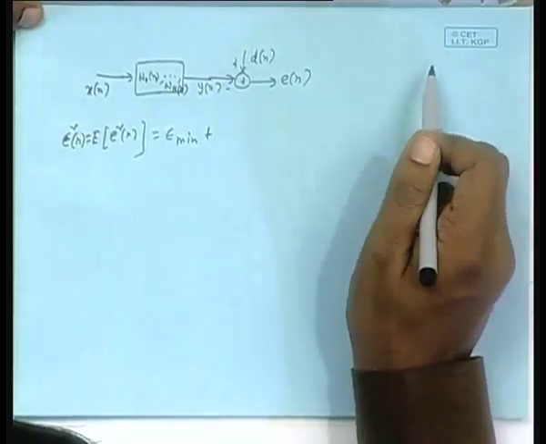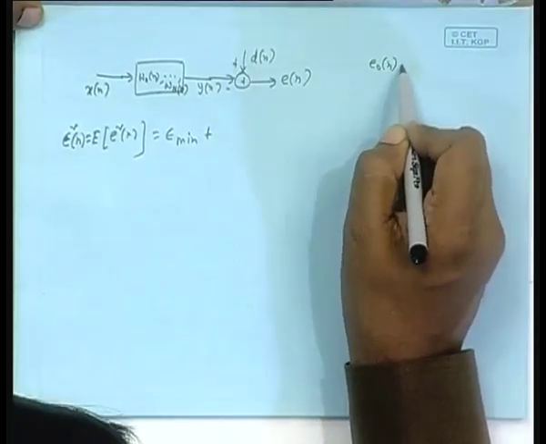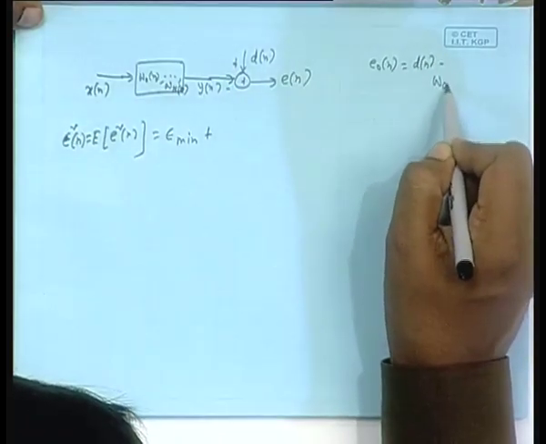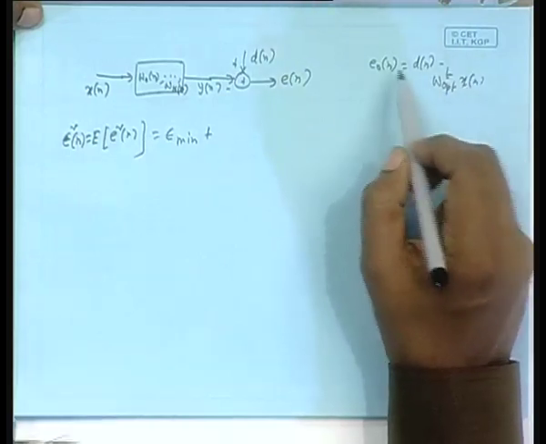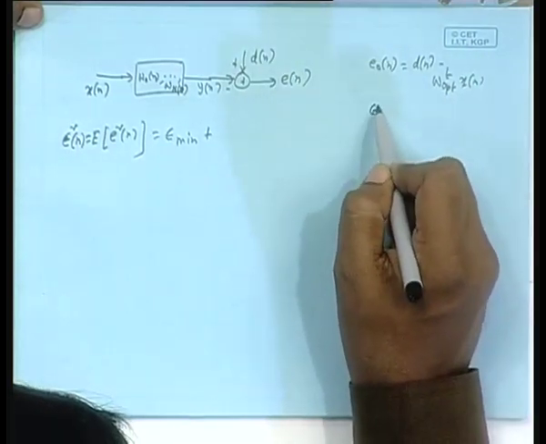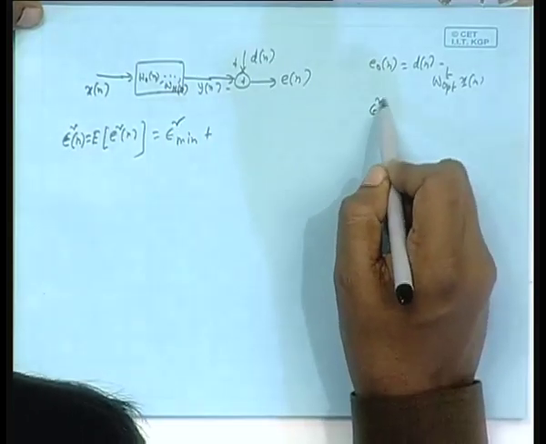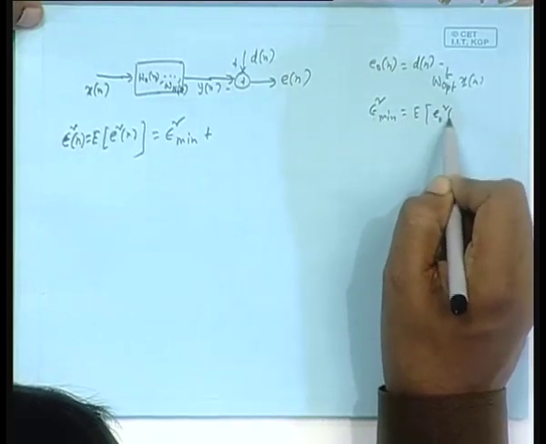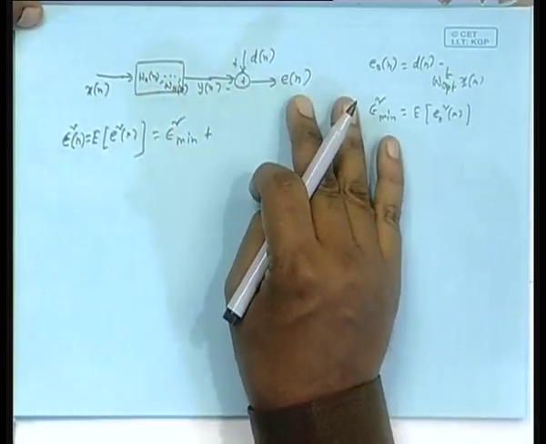The minimum is when you consider e_o(n) as d(n) minus the optimal filter transpose x(n) vector, that is, when you use the optimal filter, then the error is e_o(n). Epsilon mean, in fact, I will write epsilon square mean to be in conformity with the notation. It is this, okay.